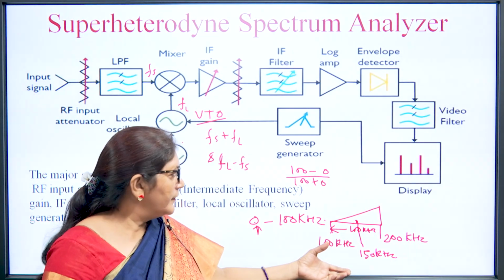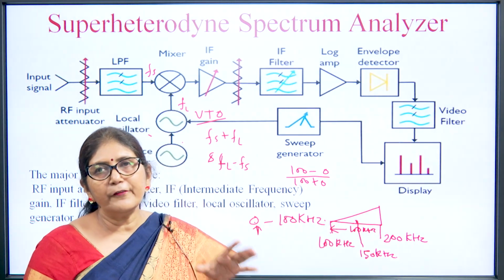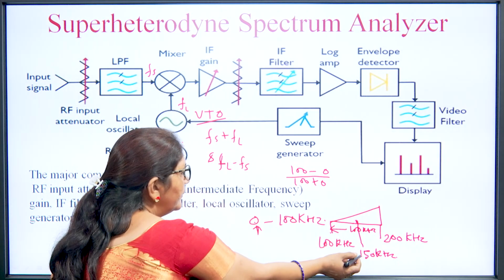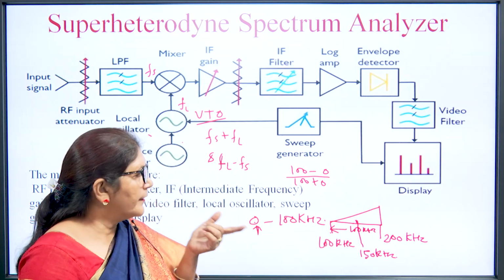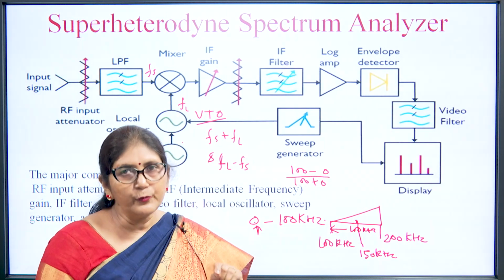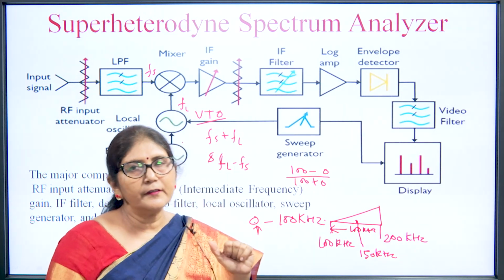Suppose a signal of 50 kilohertz appears when the electron beam is at the mid position. What will happen? 150 plus 50 and 150 minus 50. 150 plus 50 will produce 200 kilohertz, and that signal is not passed through the IF filter circuit.